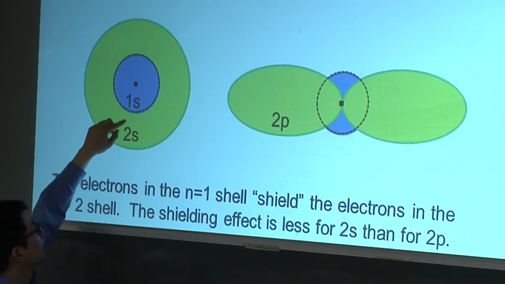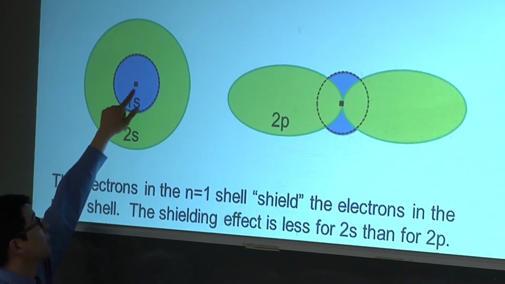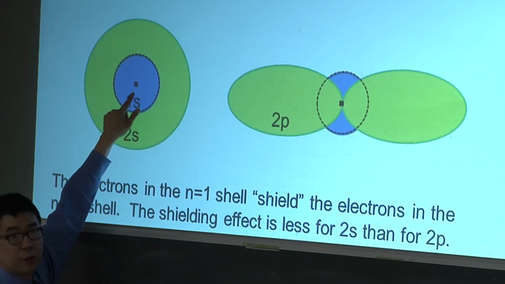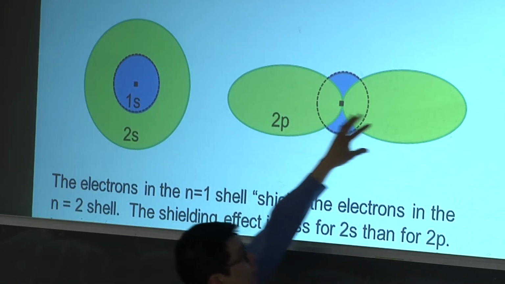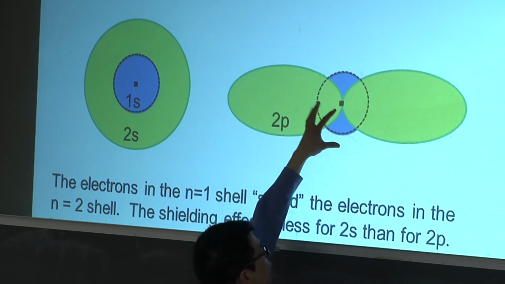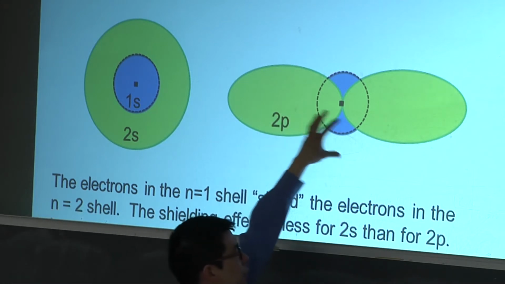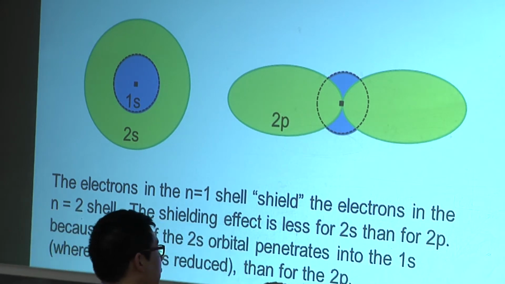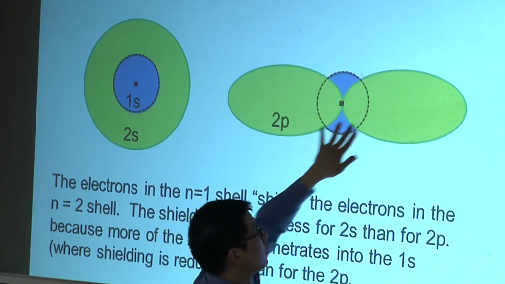So your 2s electron could be found somewhere around here, and if it's found somewhere around here, there's no shielding. Right? But because the 2p orbitals have these 2 big lobes, they're shielded less effectively. No, they're shielded more effectively, right, because there's more 2s blocking.